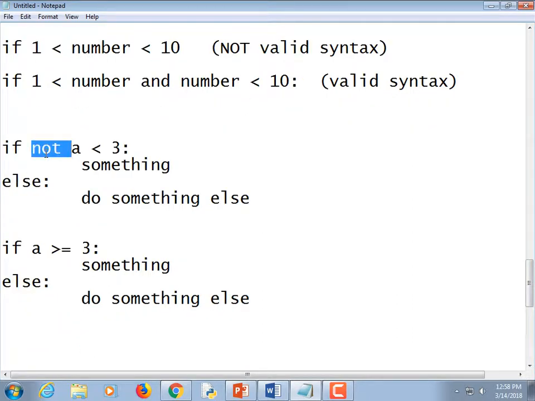I just tend to write my expressions avoiding the not if I possibly can, because the way a lot of people's brains work, it's easier to parse. You can look at it and understand more immediately what it's doing, especially if it's a complex one, right? That one's pretty easy. But like I said, you can chain things that have several ors and ands and stuff like that, and it gets more difficult to understand if you have too many nots in it.